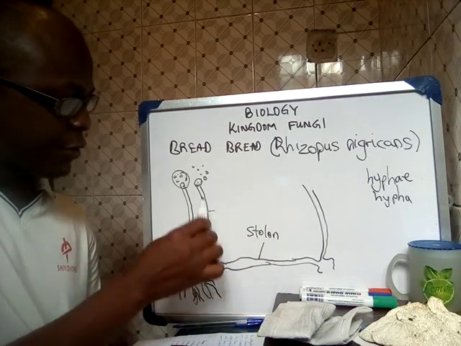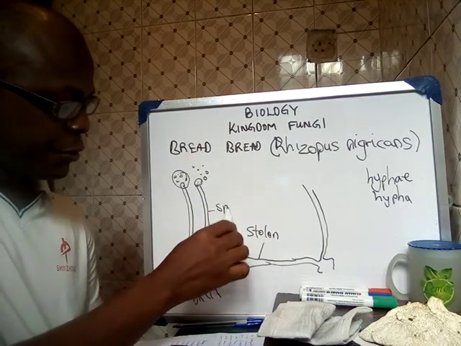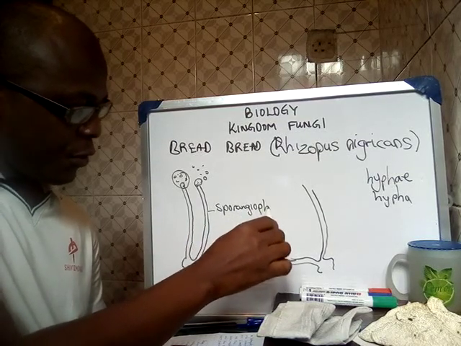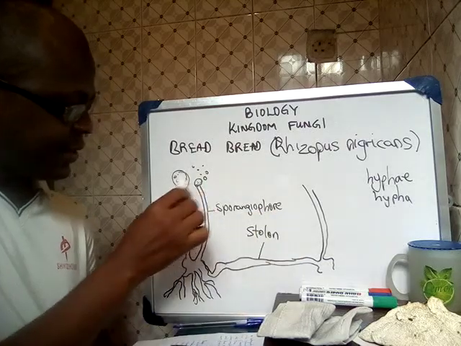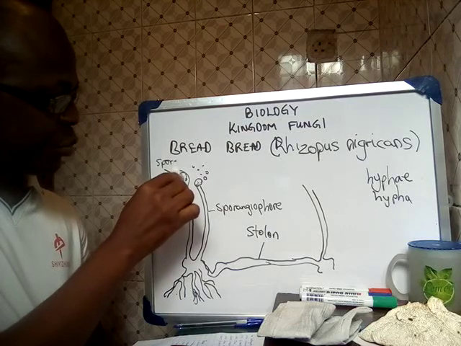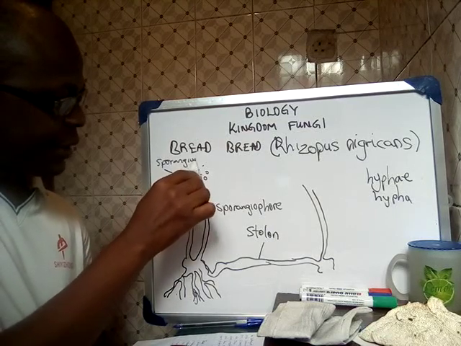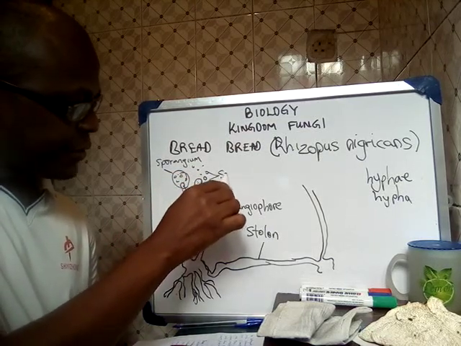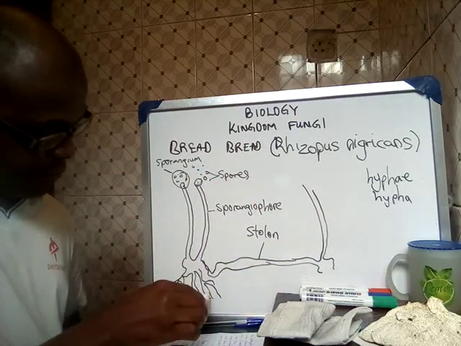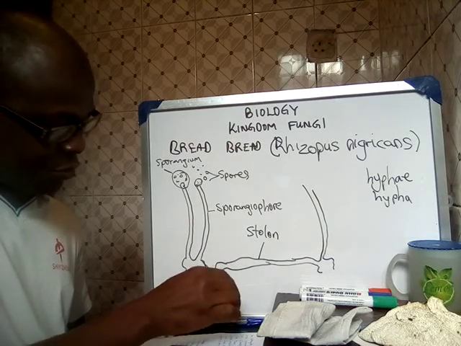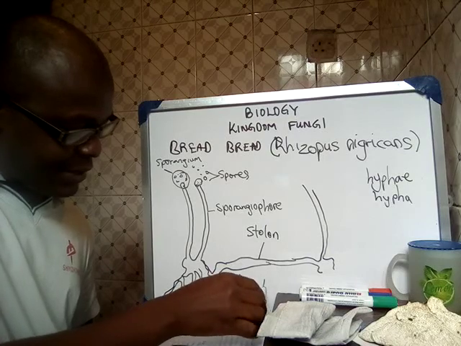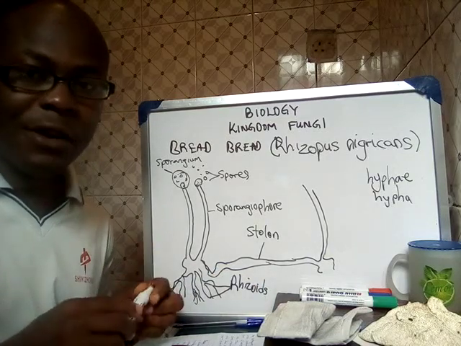This one that runs up to bear the spores is called sporangiophore. This one that carries the spore itself is called sporangium, and these are the spores. This whole mass put together, oh, very importantly, the parts that run like roots are called rhizoids. They are root-like, but you can't really call them roots.